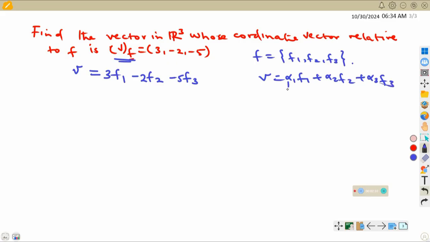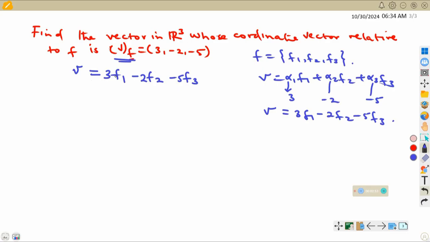So for your case now, alpha 1 is 3, alpha 2 is negative 2, and alpha 3 is negative 5. So v can be written as 3 f1 minus 2 f2 minus 5 f3.